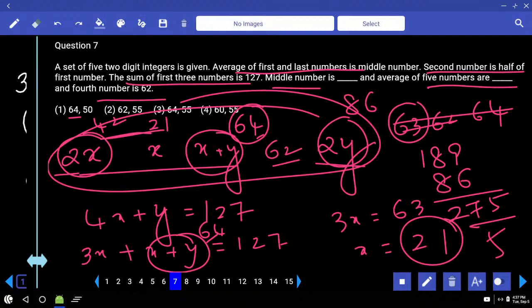So the middle number should be 64 and the average should be 55. Option 3 should be the answer.